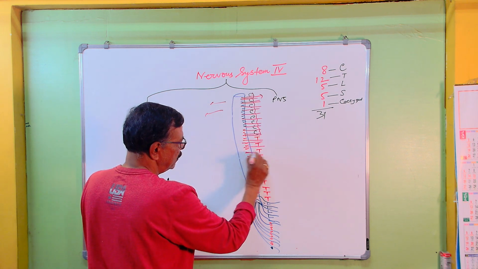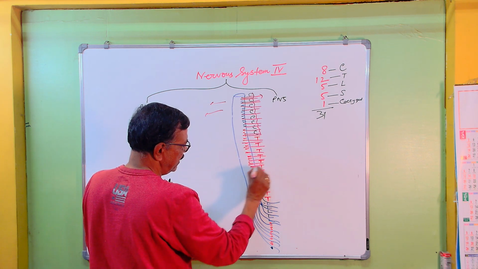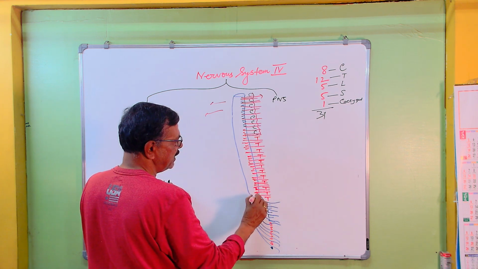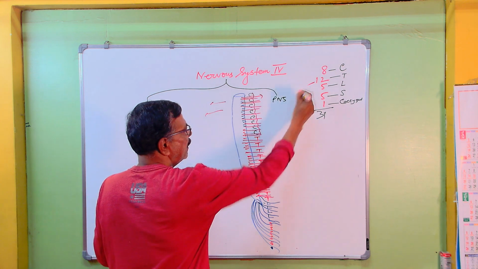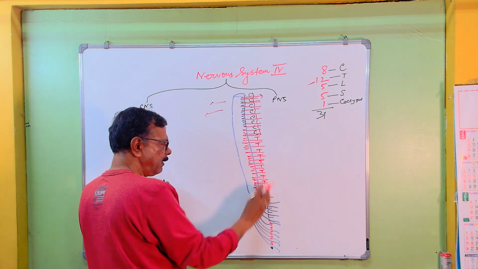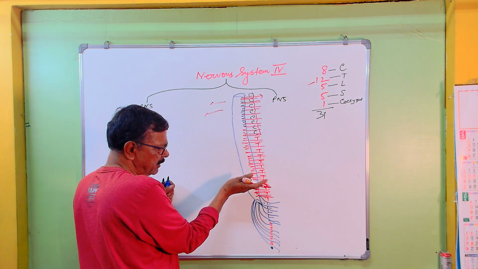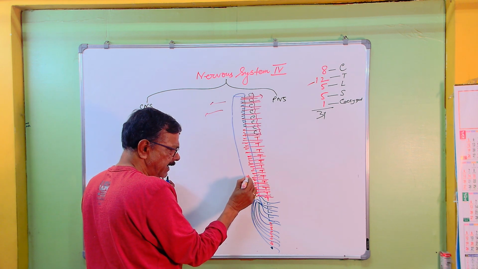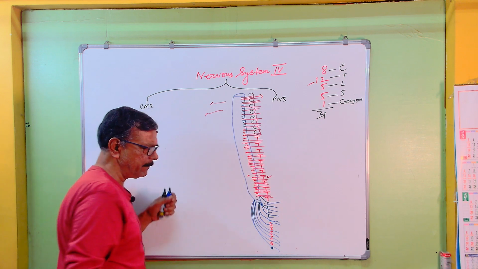These also correspond with the vertebra. Thoracic 1, 2, 3, 4, 5, 6, 7, 8, 9, 10, 11, 12. So 12 thoracic nerves come out almost in accordance with the spinal cord and vertebral column.